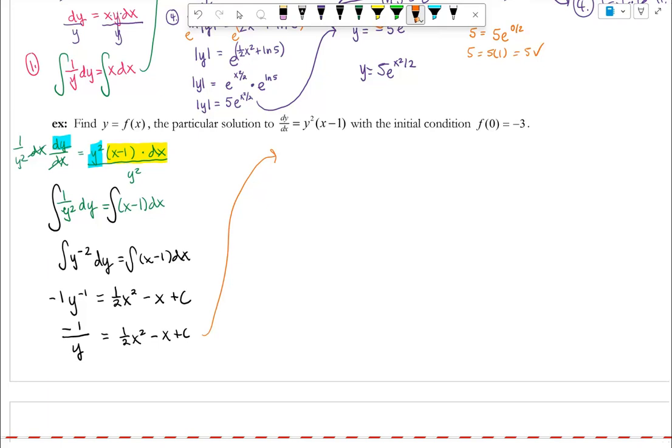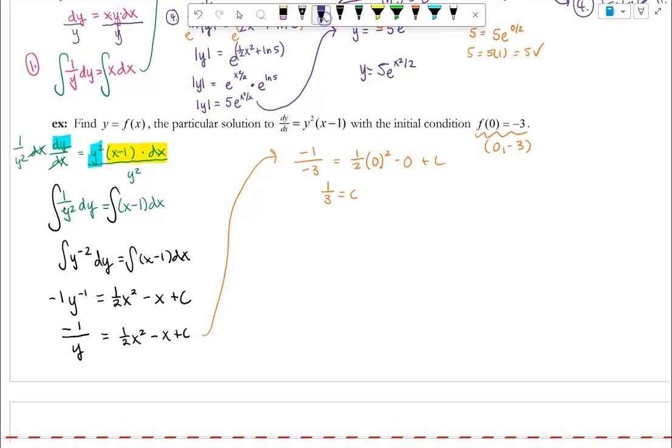So now I'm going to try to solve for c by plugging in the ordered pair 0, negative 3. So negative 1 over negative 3 is 1/2 times 0 squared minus 0 plus c. Well, that was pretty easy. C is just 1/3. So again, this is really crucial.